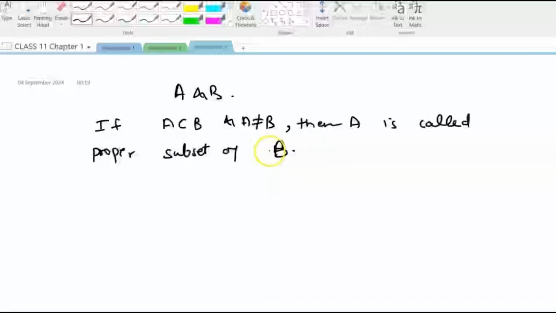What does this mean? They are saying that if every element of your set A is also an element of set B, but A is not equal to B, how will that be possible?